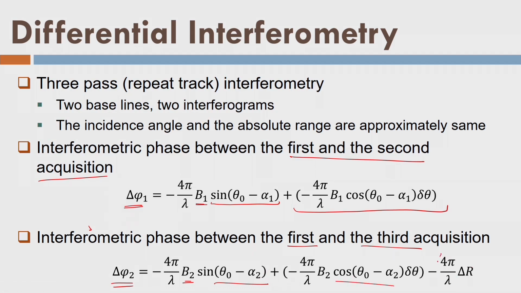One should note here that this term is coming because there is a difference in the range, and that happens because the topographic position of the point of interest has changed between the second and the third acquisition. This component is caused by the flat datum, and this is the component by topography in both the terms, and this term is because of the change.